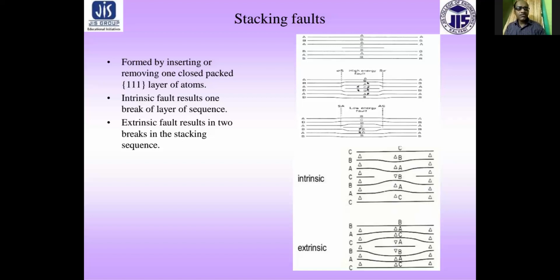The stacking fault in this case is due to the missing of any one plane, suppose a C plane of atoms after the eighth plane. This defect can be regarded as a very thin region of stacking in a basically FCC crystal structure.